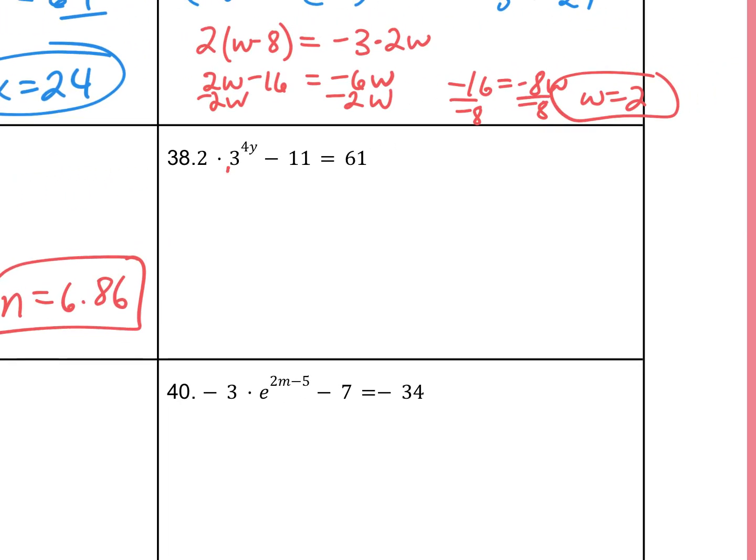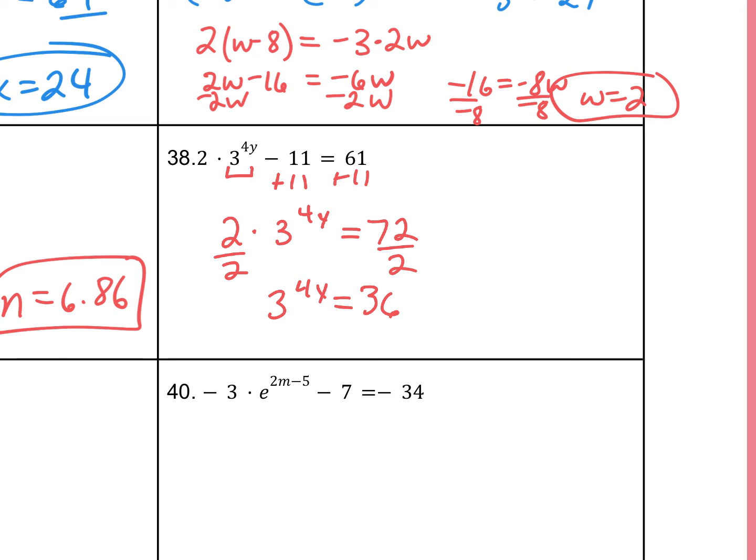I need the base and its exponent on the side by itself. I can't have that 2 and I can't have the 11. I'll move the 11 first. So 2 times 3 to the 4th y equals 72. Then I'm going to divide this 2 out front, because again, I cannot have that over there. 3 to the 4y equals 72 divided by 2, which is 36. Now I can set up my log.